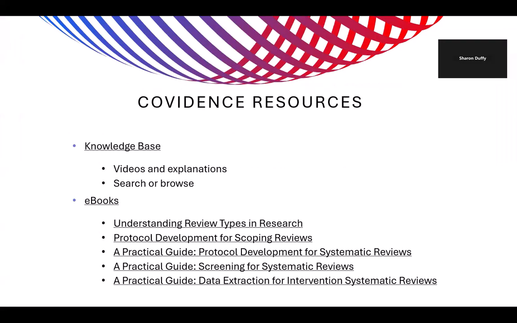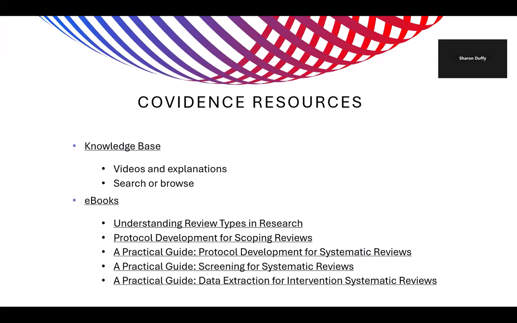And then Covidence has wonderful resources on their webpage. Their knowledge base is phenomenal and well organized. There's both videos and explanations for every step along the way. You can browse it by your topic, or you can search for a specific thing like PubMed. I never remember how to do the PubMed, but I always remember it's a little bit different. What is that process?